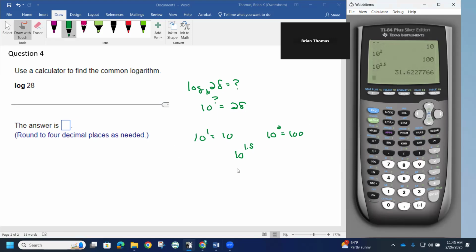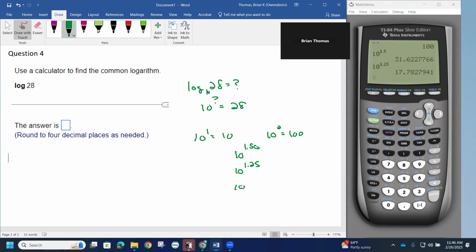So notice how that is a shade too big. So I could try, say, maybe 10 to the 1.25, kind of go halfway. 10 to the 1.25 would give us 17, too small. So I could pick a number between like 25 and 50, if you will.